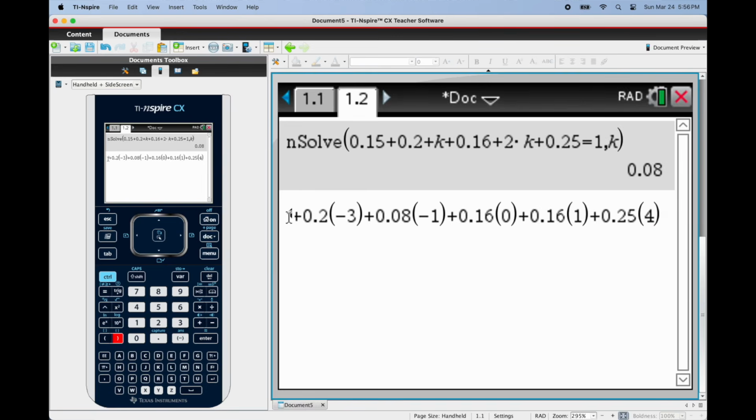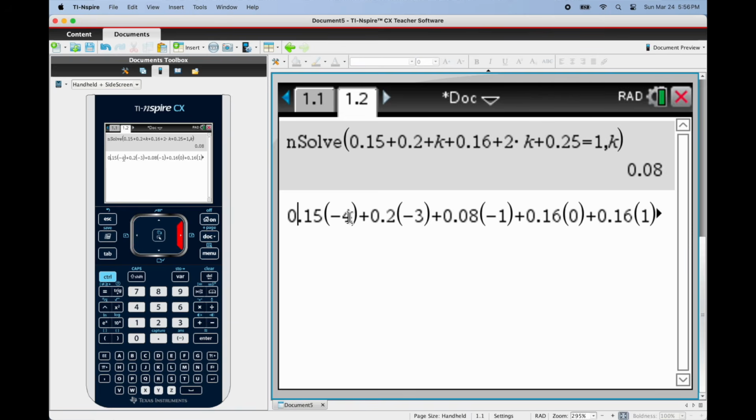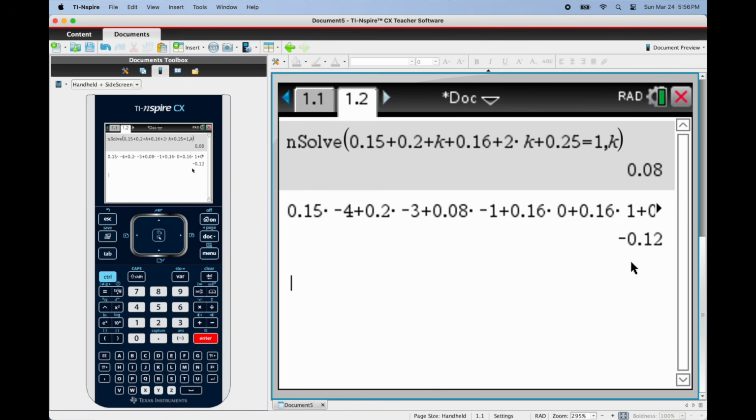Let me make sure that all of this is entered correctly. Good. And the value is equal to negative 0.12. So on average, we would expect to lose 12 cents for every game.